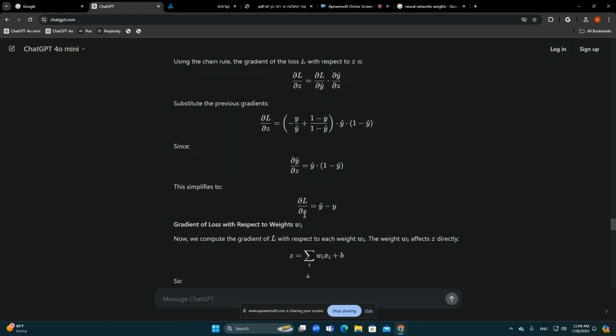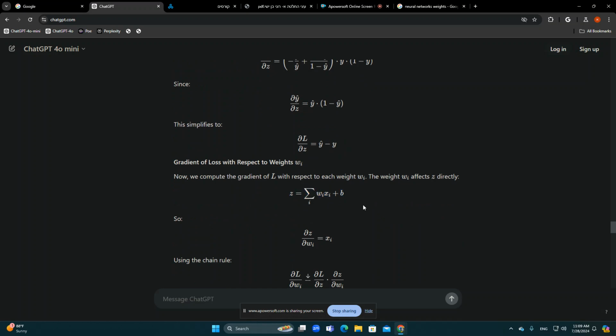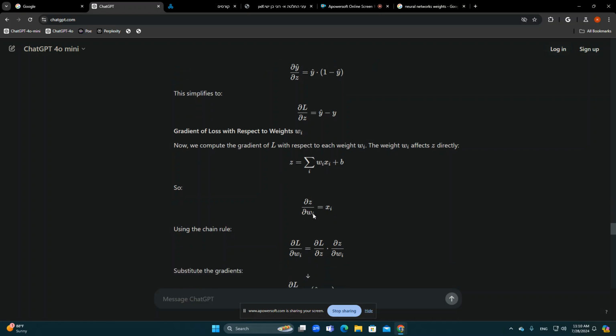Now we just remain with taking the derivative of z with respect to wi. Remember, this is the value for z. We represented it using matrix representation; here is the simpler representation. z is the sum. Taking the derivative of z with respect to wi gives you just xi, which corresponds to wi.